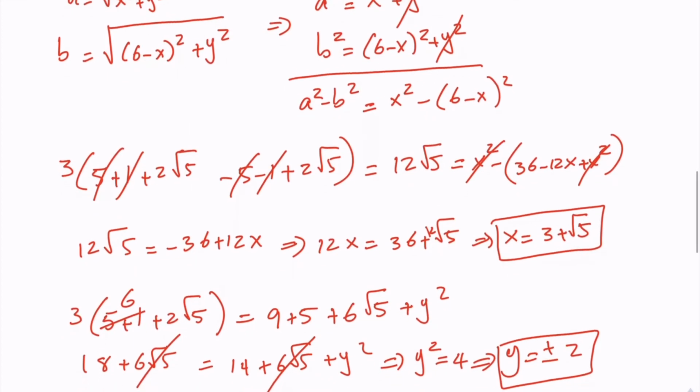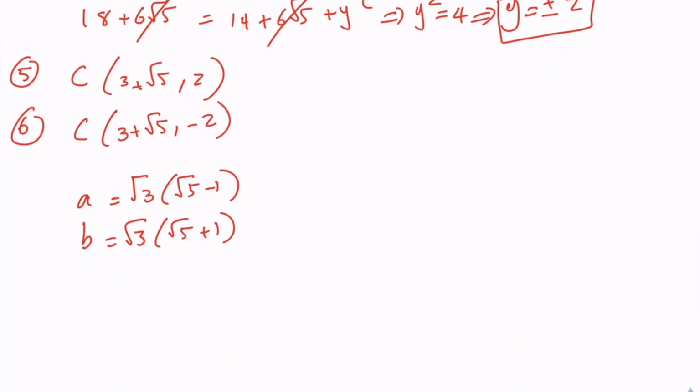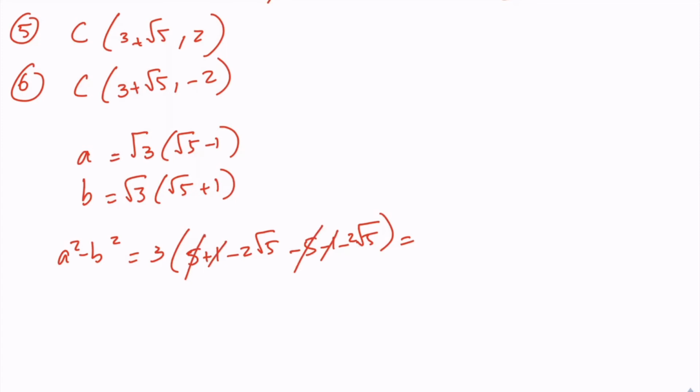So this time again, a squared minus b squared will be x squared minus 6 minus x squared, which is 3 times 5 plus 1 minus 2 square root of 5 minus 5 minus 1 minus 2 square root of 5. So this and this will cancel out.